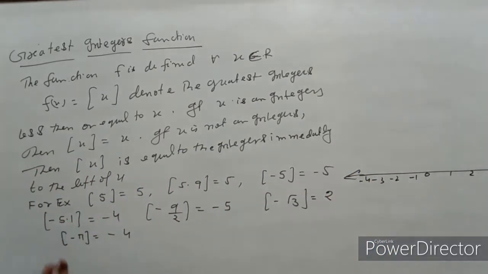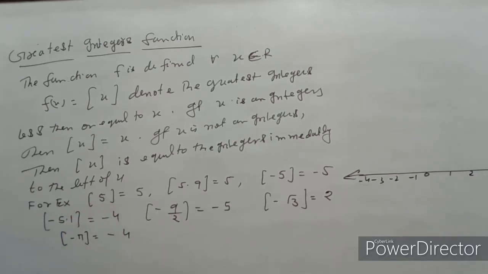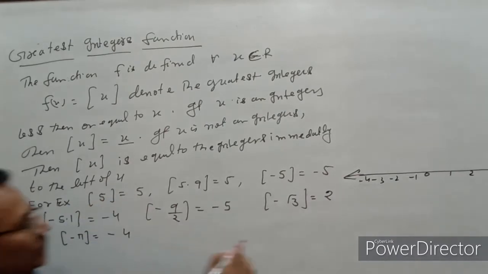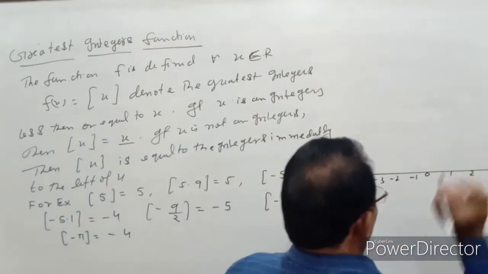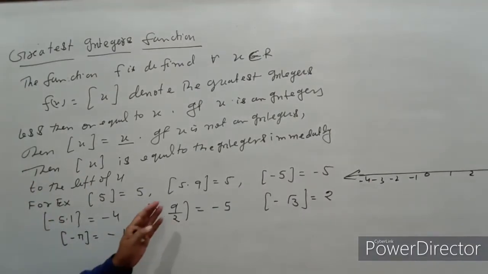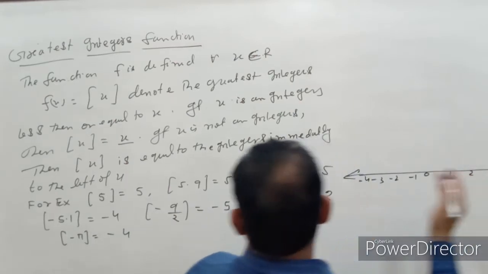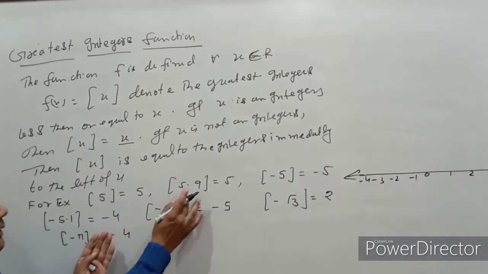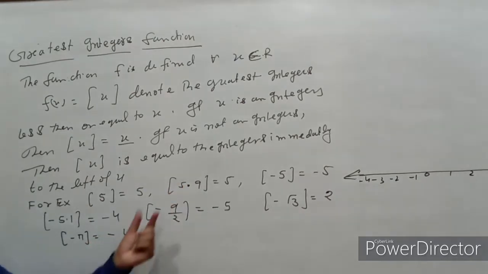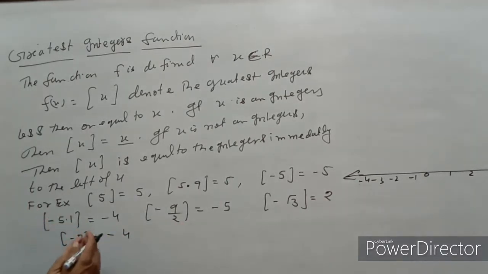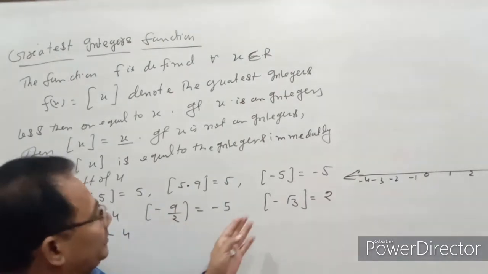देखिए, यहाँ हम कुछ एग्जाम्पल्स लेते हैं। अगर हम 5 देखें, since 5 belongs to the integers, 5 is an integer, therefore as per definition the value should be equal to 5. यानी कि अगर हमारे पास कोई भी इंटीजर है। If the value is 5.9, अगर हम यहाँ पर 4 के बाद 5.9 लें, then the left integer of 5.9 is 5, because it is not an integer, so therefore we take just the immediately first left integer of 5.9, which is 5.